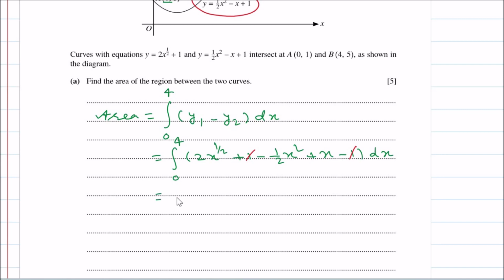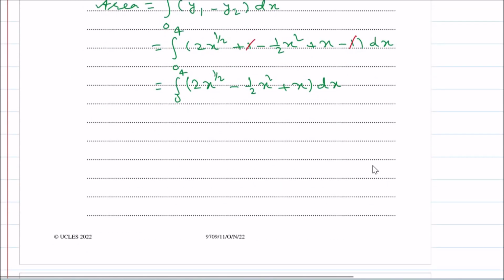So let's write 0 to 4. So what we'll get? 2x to the power half minus half x square plus x dx. Now we need to integrate this and put the limit.